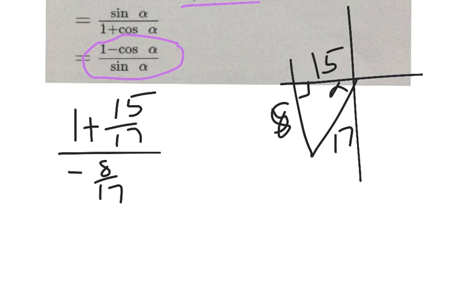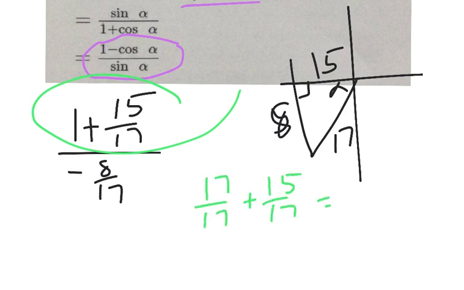Anything else here? So the numerator, I have a fraction. Does that look familiar? What am I going to have to do? Common denominator. So this would be 17 over 17 plus 15 over 17, which is 32 over 17 in the numerator.